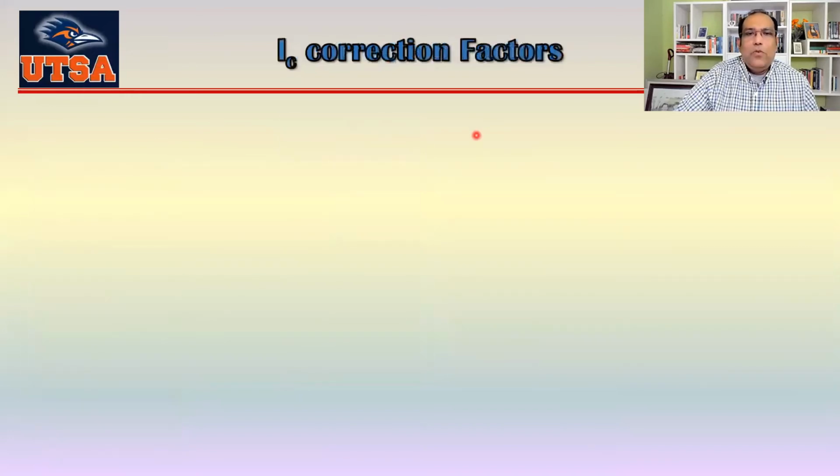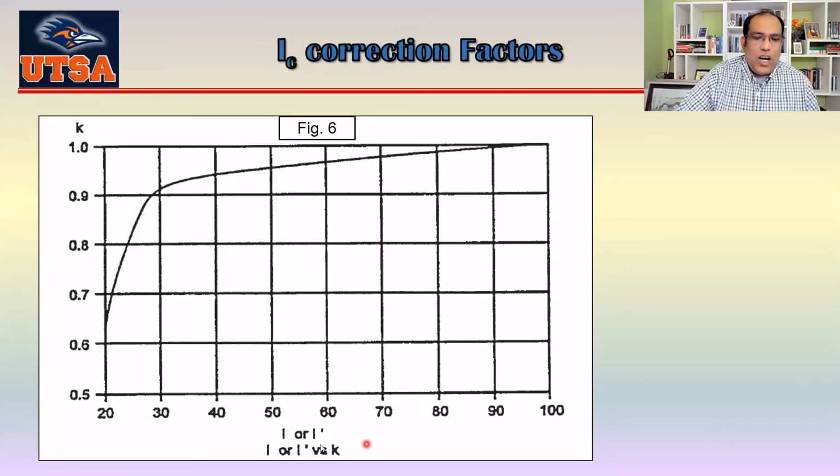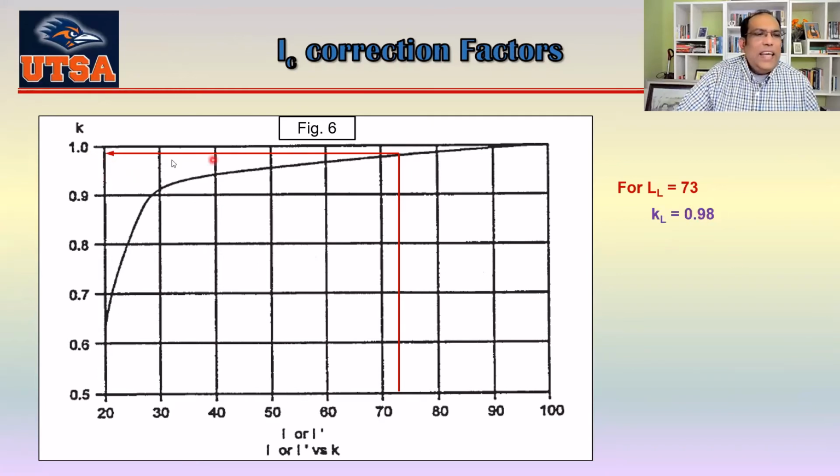So let's move forward. This is the chart here. I have 73 here and I have 41 here, and I have to find out my K. For LL 73, I draw a line here, and from that line I just go here, and this is basically 0.98.